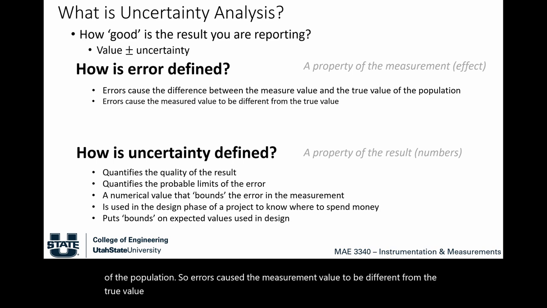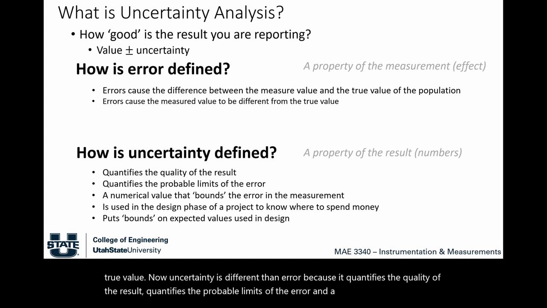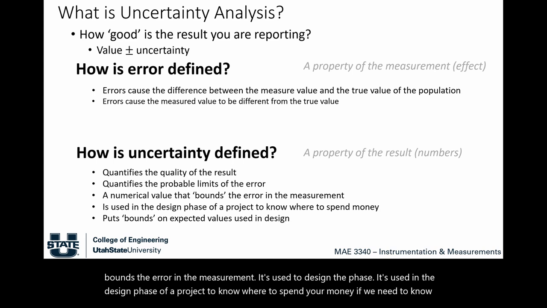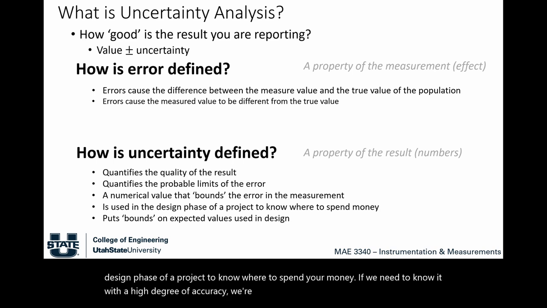Now, uncertainty is different than error because it quantifies the quality of the result, quantifies the probable limits of the error, and is a numerical value that bounds the error in the measurement. It's used in the design phase of a project to know where to spend your money. If we need to know it with a high degree of accuracy, we're going to spend more money there.